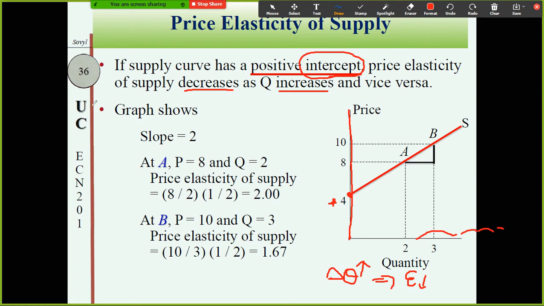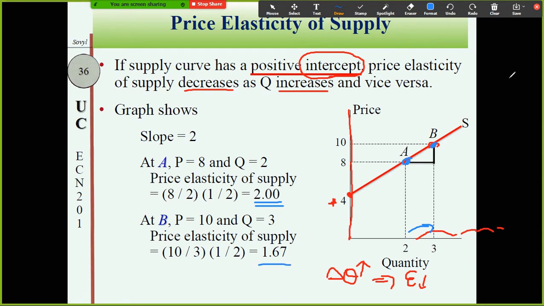You can see this one, point A, point B. At point A, the price elasticity of supply is equal to 2. But at point B, which is higher than A with a bigger quantity, the price elasticity of supply is only 1.7.